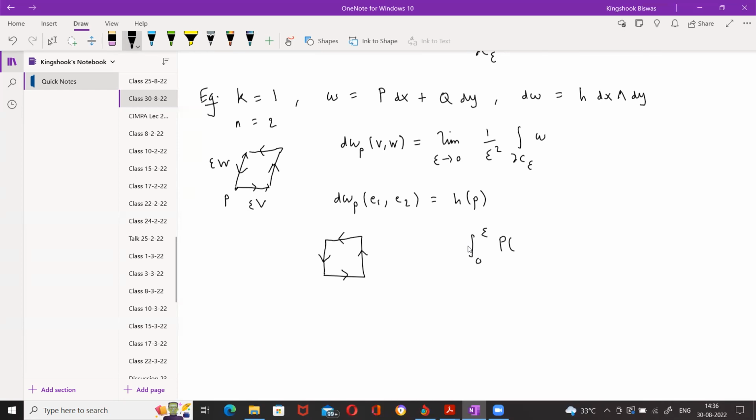So here my x is changing, the y is going to be fixed. So P of x, y naught dx, but then I'll have minus the integral 0 to epsilon of p of x comma y naught plus epsilon dx.